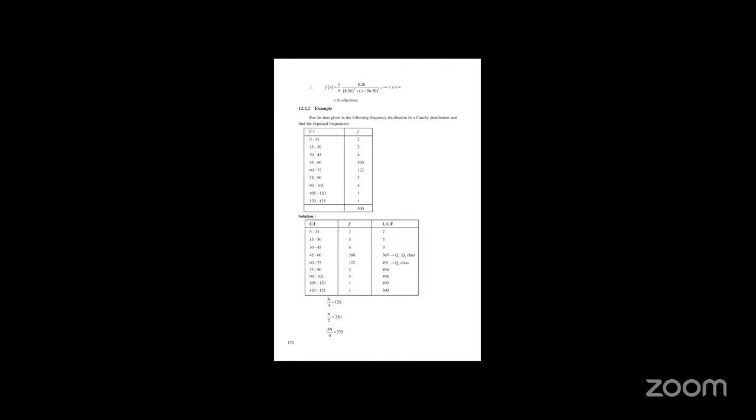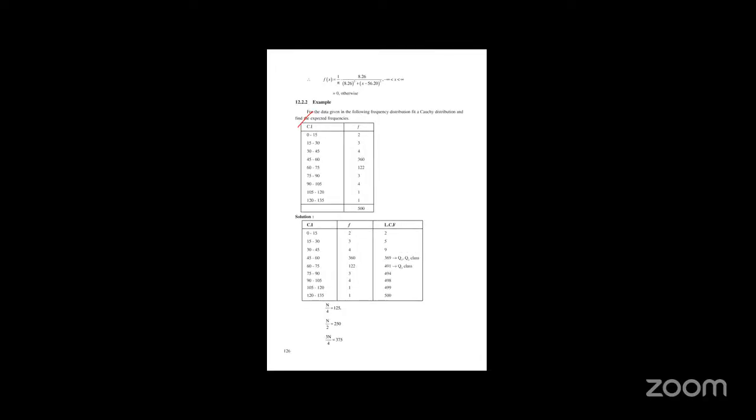For the data given in the following frequency distribution, fit a Cauchy distribution and find the expected frequencies. They gave the class intervals as well as the frequencies: class intervals from 0 to 15, 15 to 30, 30 to 45, 45 to 60, 60 to 75, 75 to 90, 90 to 105, 105 to 120, 120 to 135, and respectively the frequencies for the class intervals.